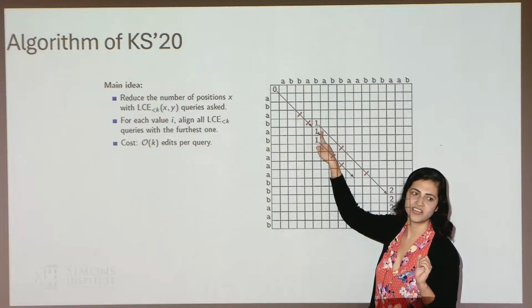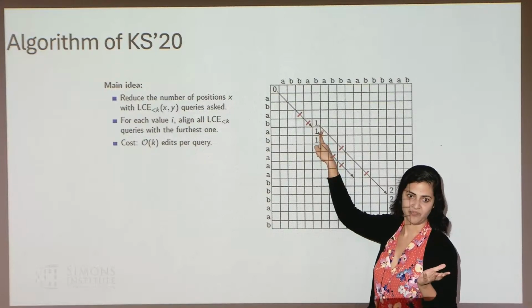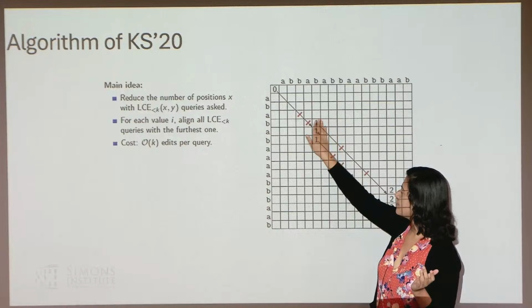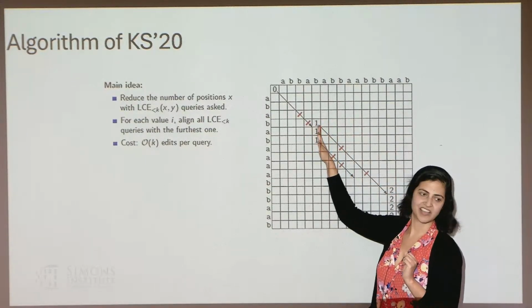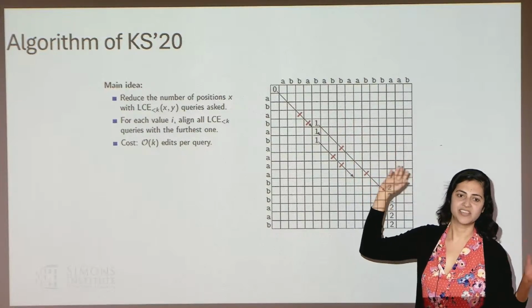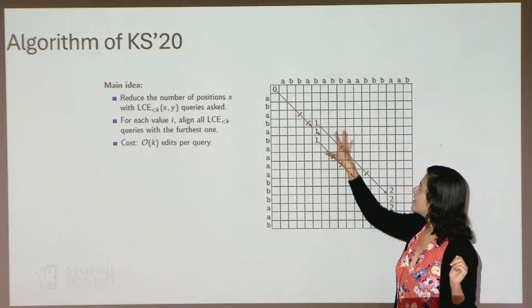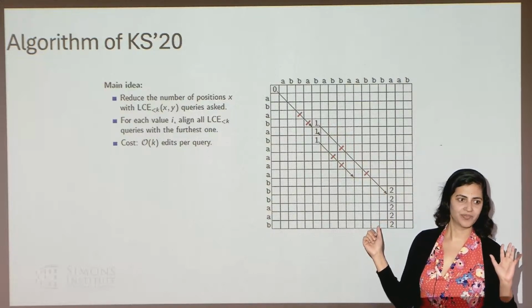But how many insertions and deletions are we doing? At most k. So we will be stopping at most k times. In order to align these diagonals, we may be paying an extra k because of insertions and deletions. So altogether, that will still add up to k squared.